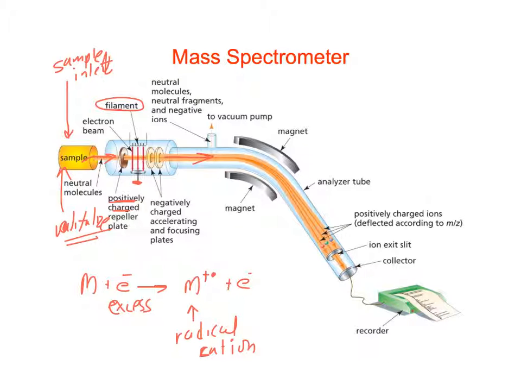And then they go through this magnet, and the trajectory is bent by the magnetic field.